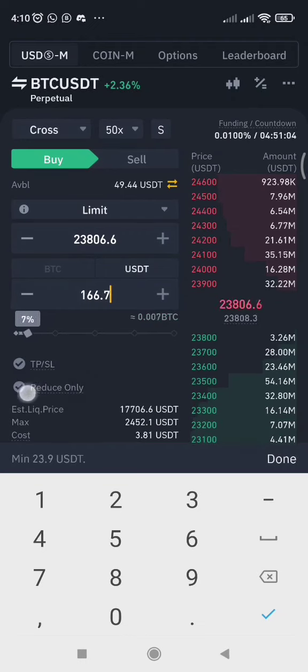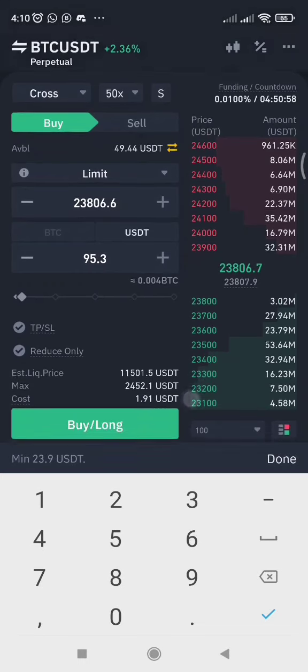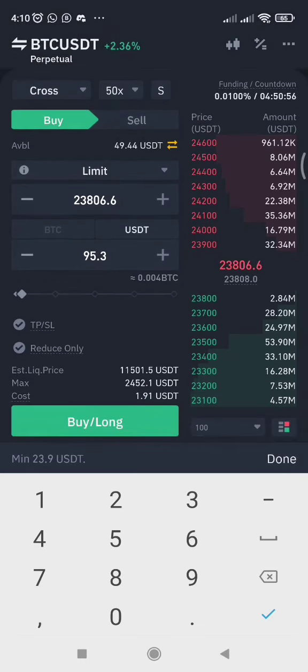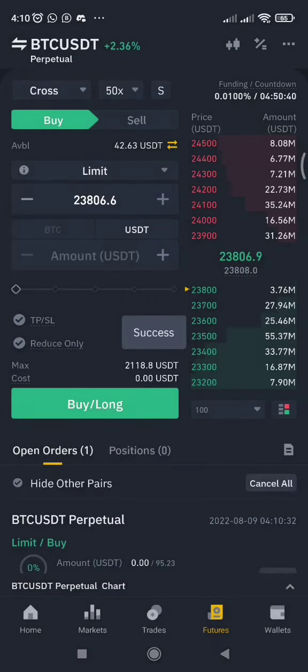You learn that soon. 4% of my capital, right? Because of the leverage I'm using, 4% is giving me $95. So here I go. Once I'm done with my entry price and my margin, I click on buy long.